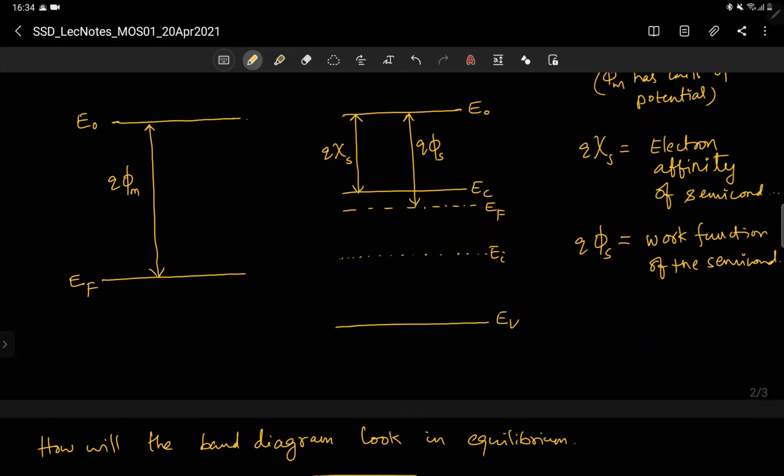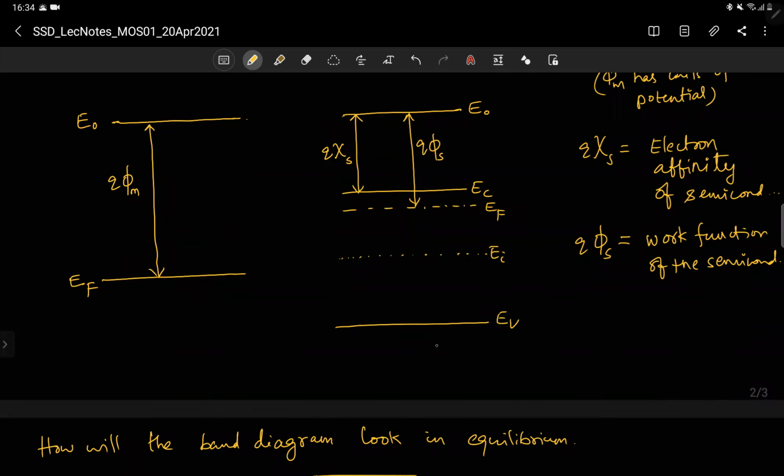Similarly, the concept applies on the right hand side, for the semiconductor. Even though there is no energy level at EF, and no electrons just around EF, if you actually try to take an electron out of the semiconductor, it can either come from electrons in the conduction band, or from electrons in the valence band also.